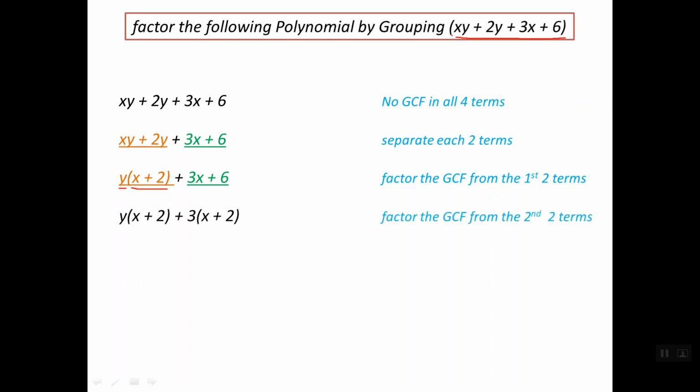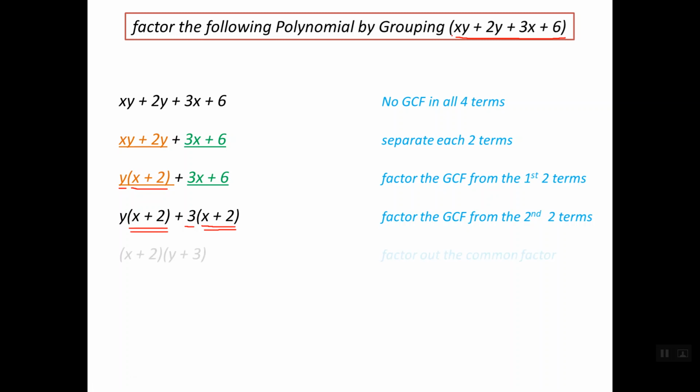So for the second 2 terms we have the 3 as the greatest common factor, so the remaining is x plus 2. Now we have new 2 terms with a new common factor which is the x plus 2. So we have here a common factor which is the x plus 2.